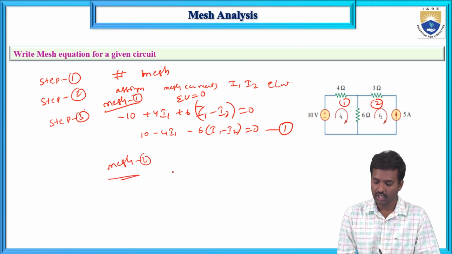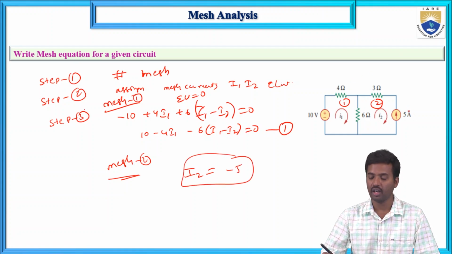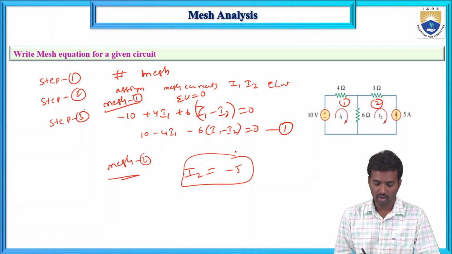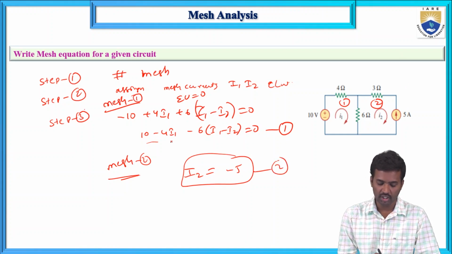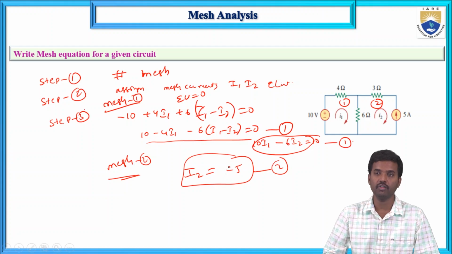Simplifying mesh 1: 4 plus 6, that is 10 I1 minus 6 I2 equals 10. This is the mesh 1 equation, and I2 equals minus 5 is the mesh 2 equation.